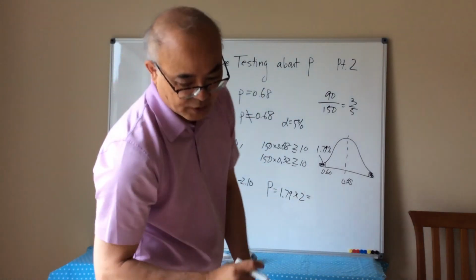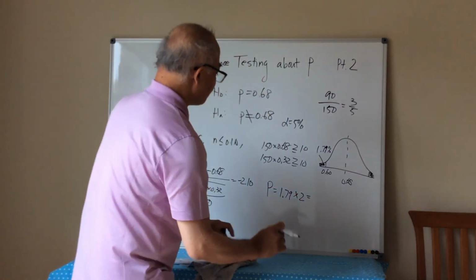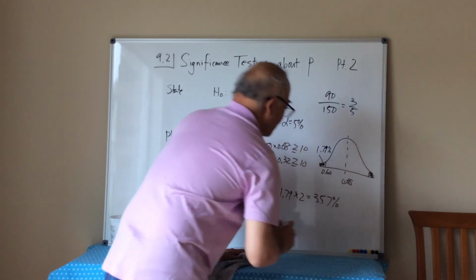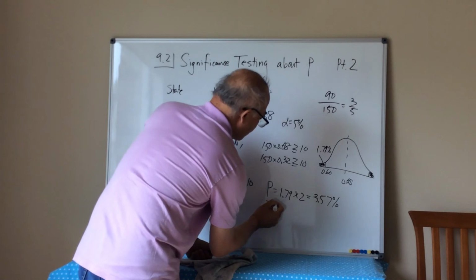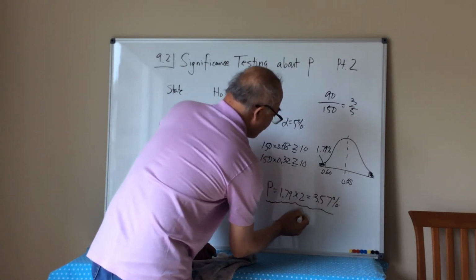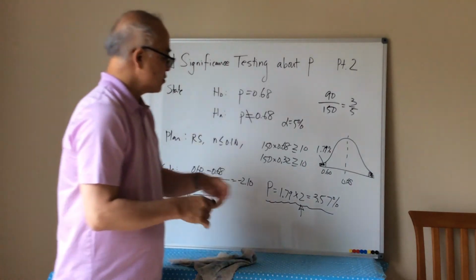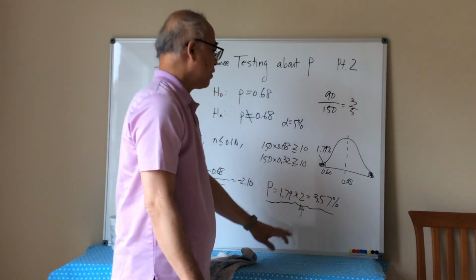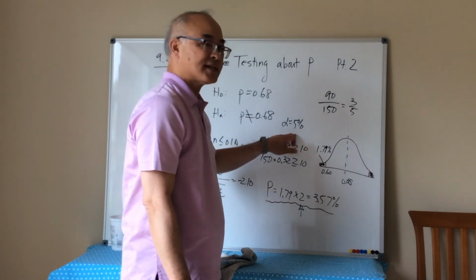If we do that, we get 3.57%. So this is fairly important: you have to multiply it by 2. 1.79 times 2 is 3.57%. Now we compare that to the alpha, which is 5%. The p-value is less than alpha.